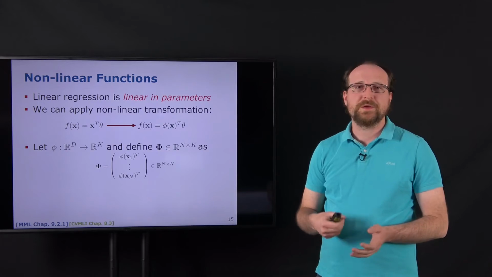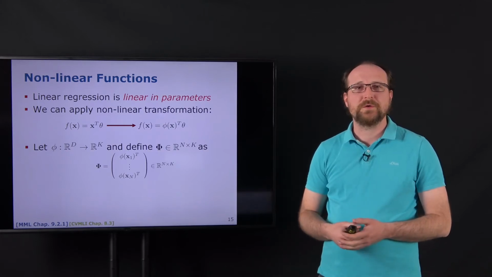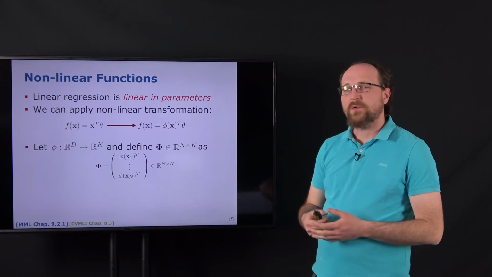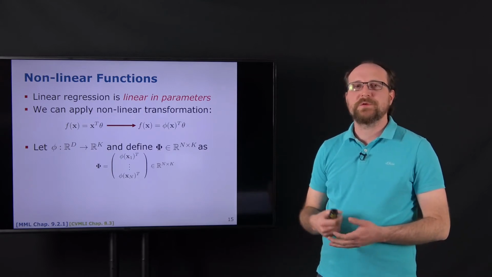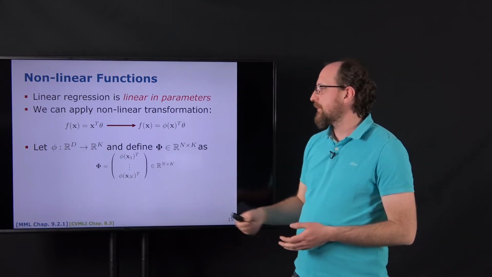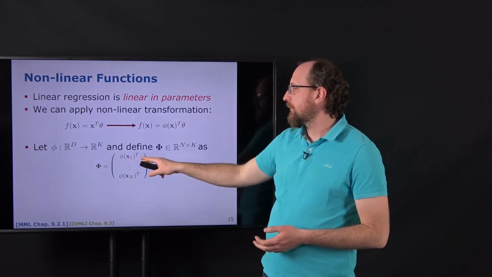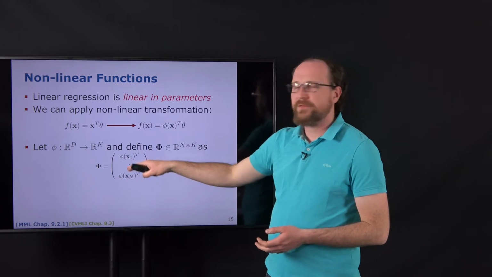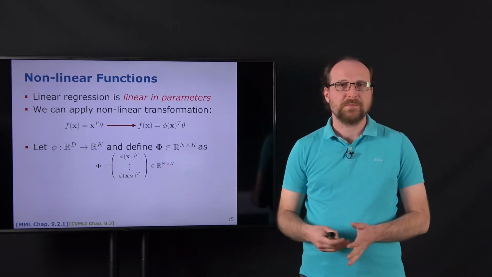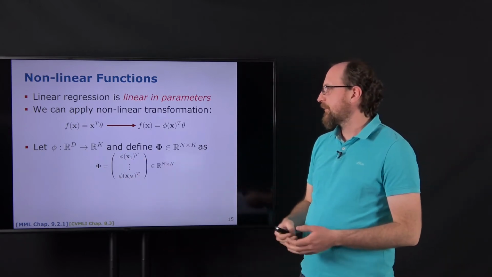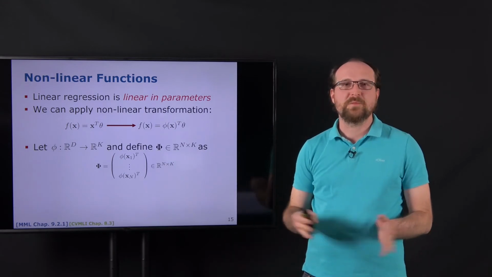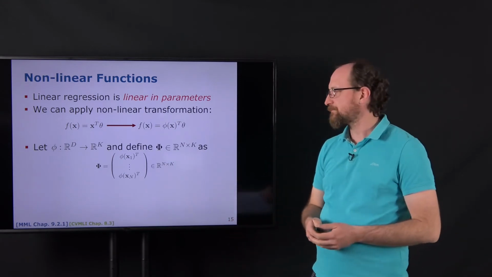We're just defining our design matrix, but now not using the original x vectors, but these transformed vectors. So that means we apply to our training examples this phi, and then have the transpose here. So the structure of this matrix is exactly the same, but the only thing that changes is that now we have more columns than before, maybe.